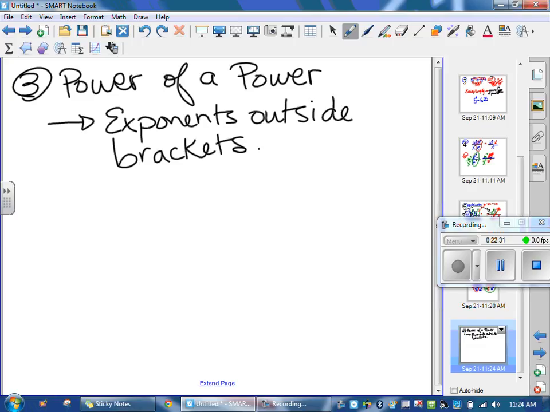This is where we're dealing with exponents outside brackets. Okay, this is where we're dealing with exponents that are on the outside of a bracket.